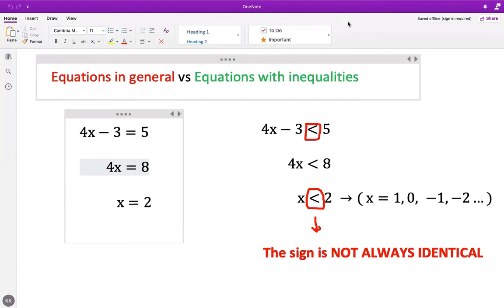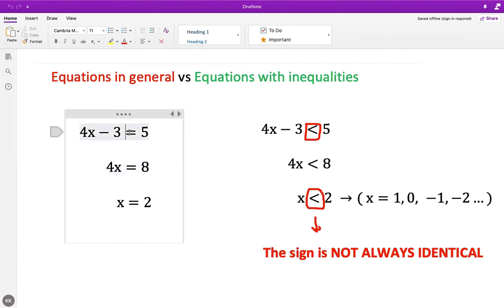In previous math courses, you learned how to solve equations. In this video, I just want to go over the procedures for inequalities and how they are different from equations in general. First, we have an equal sign when we deal with equations in general, but with inequalities, we don't expect to see an equal sign; that's a really rare situation.